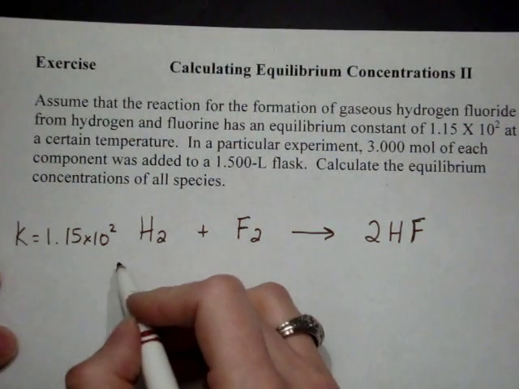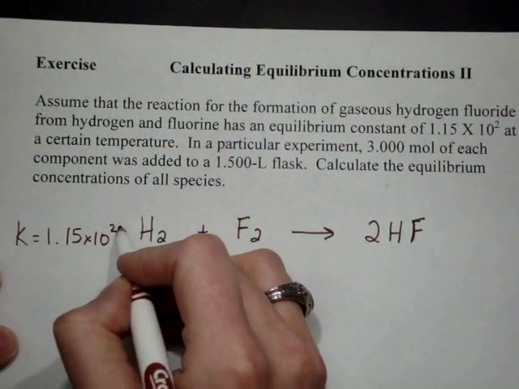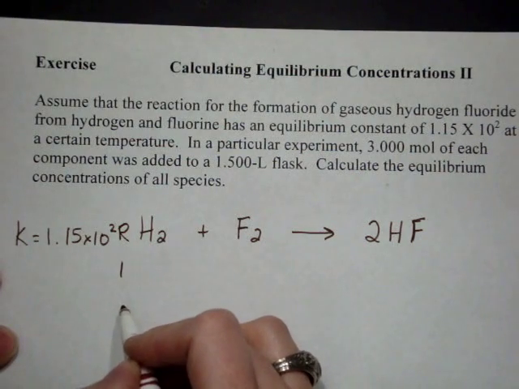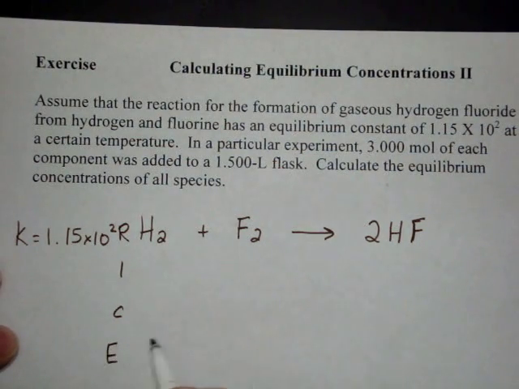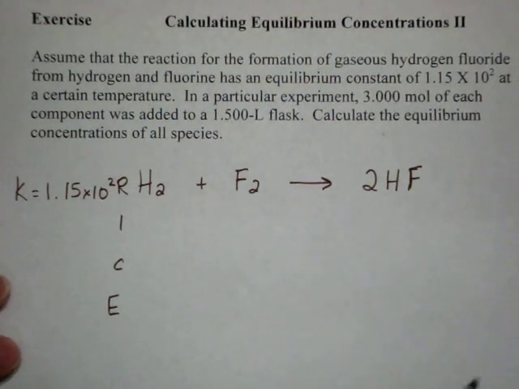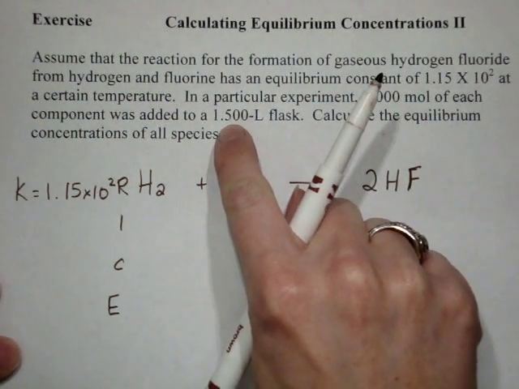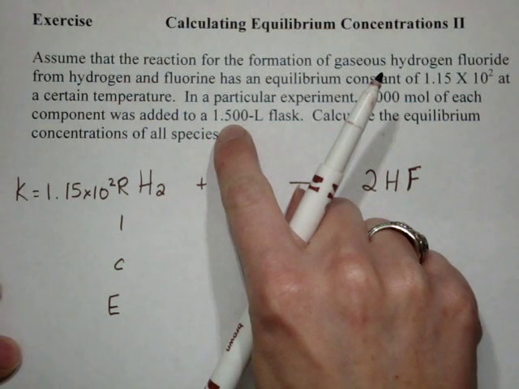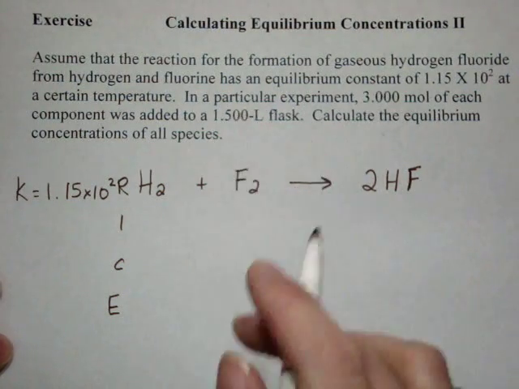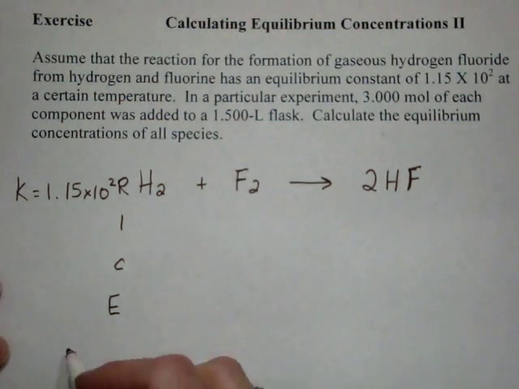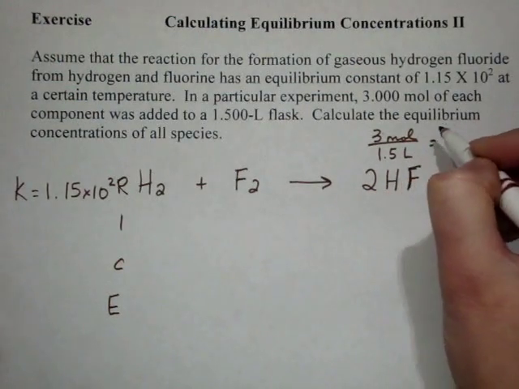Okay, so again, we're going to be talking about RICE, R-I-C-E. We're told a number of moles and a volume, but now this is not 1. So the first thing we have to do is figure out the concentrations. At the moment, they're all equal. So that would be 3 moles per 1.5 liters.